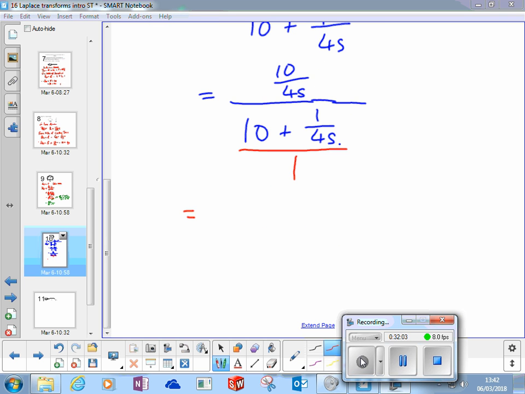So what we say is this is equal to 10 over 4s times 1 over 10 plus 1 over 4s.